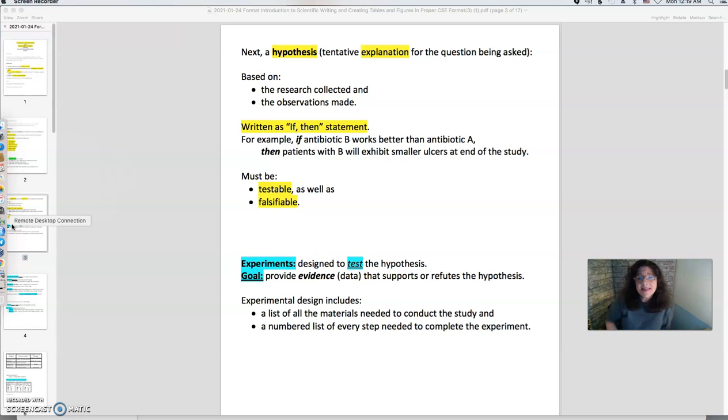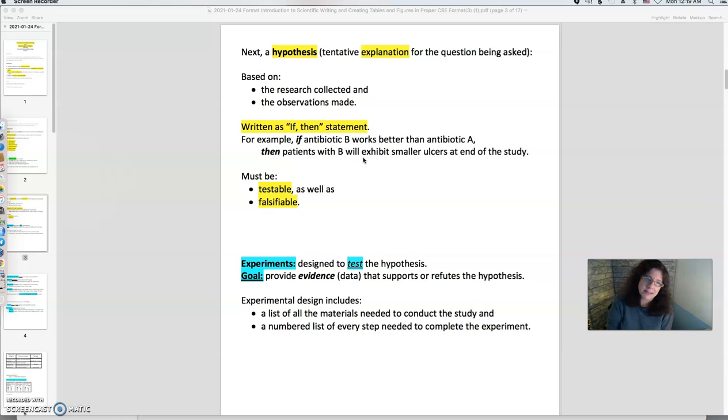This if statement that you have here is a simple one. If antibiotic B works better than antibiotic A, then patients taking antibiotic B will exhibit smaller ulcers at the end of the study. If is always based on facts or theories or scientific laws.